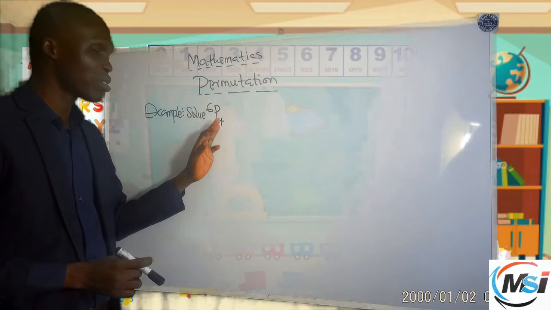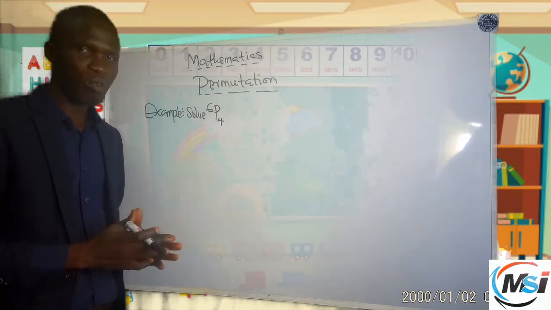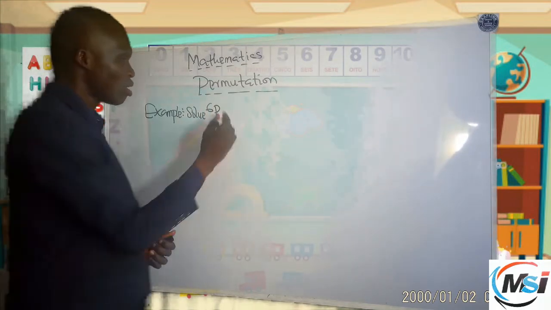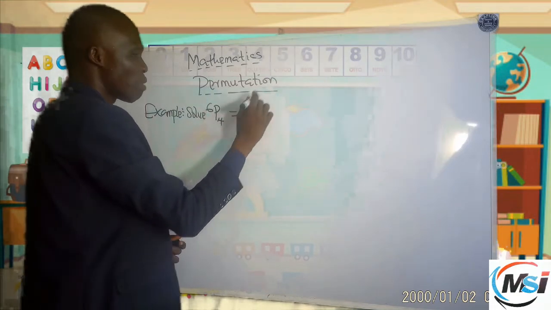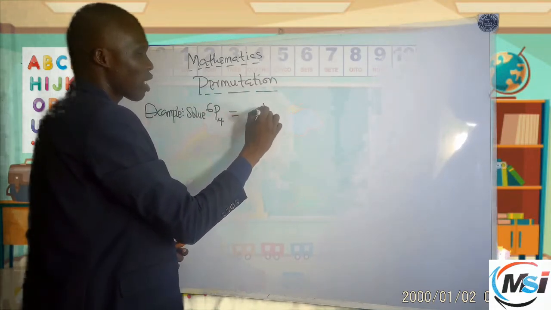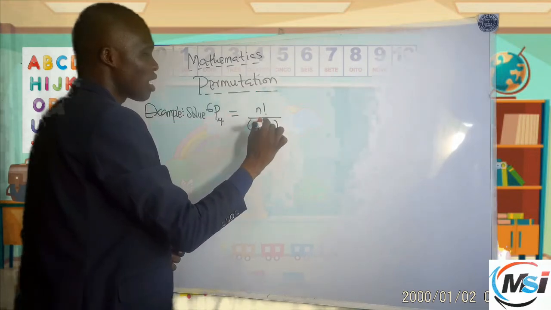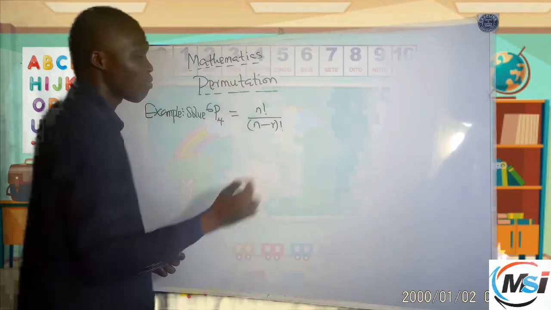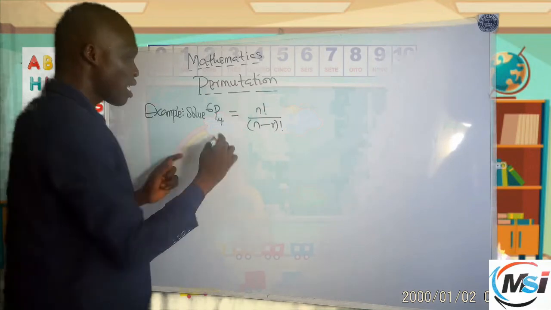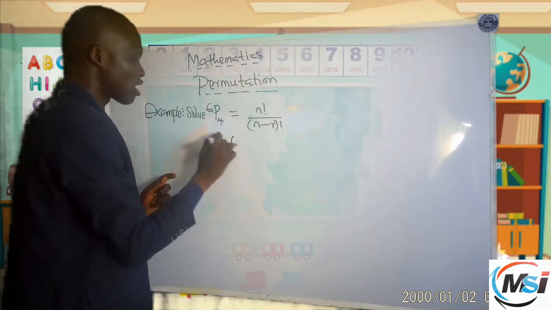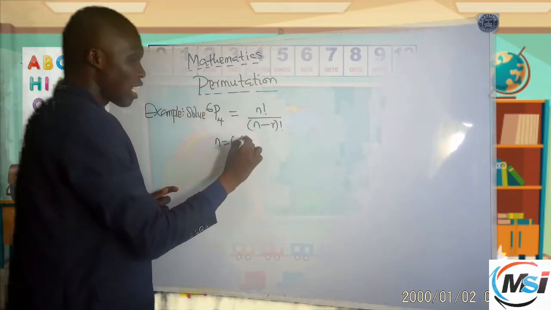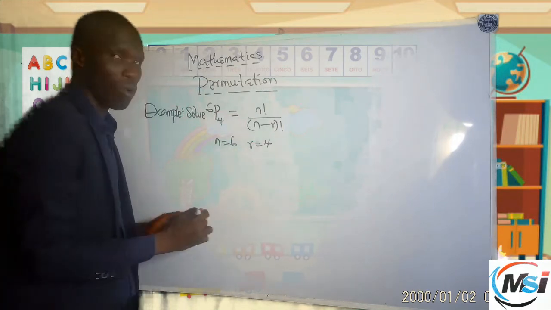Okay class, let's take a look at this example. Solve 6 permutation 4. How can we solve that question? Remember, n factorial all over (n minus r) factorial. Now from here, n is 6 and r is 4.